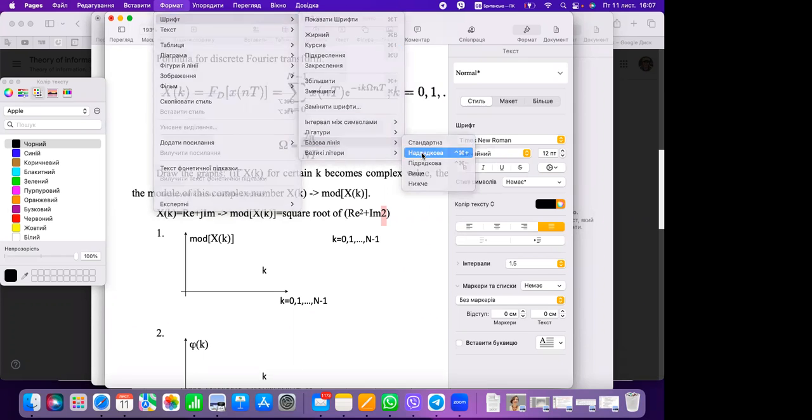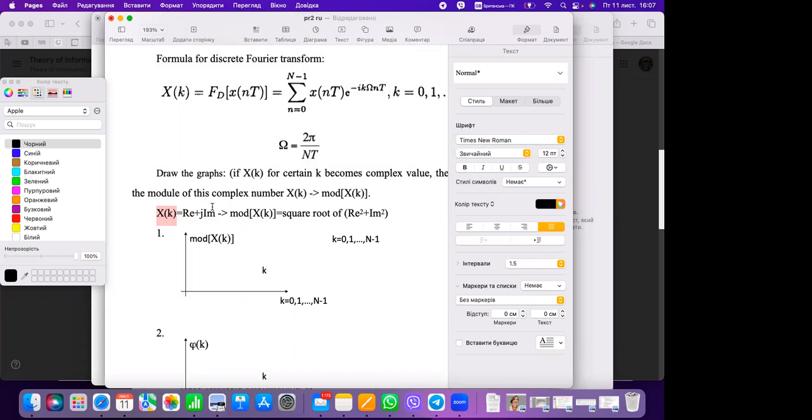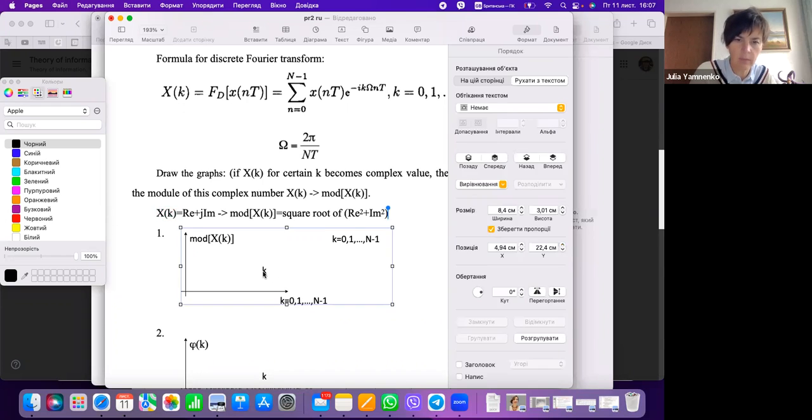Okay. Like here. So you calculate x from k, and you see that this is a complex number, and then you have to find the module of this complex number and draw the graph of dependence of the module of x from k on the k.